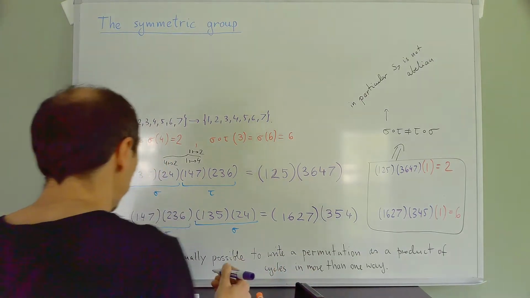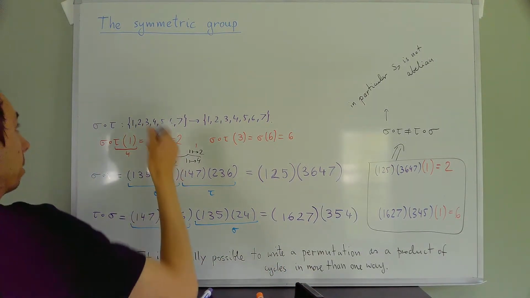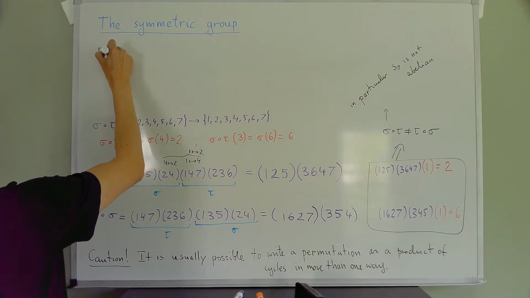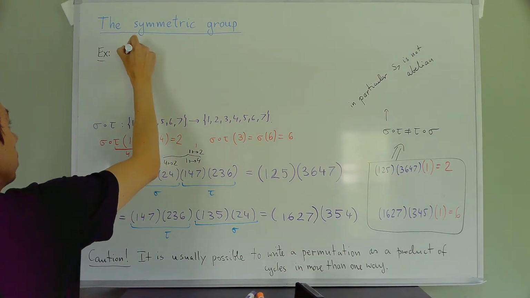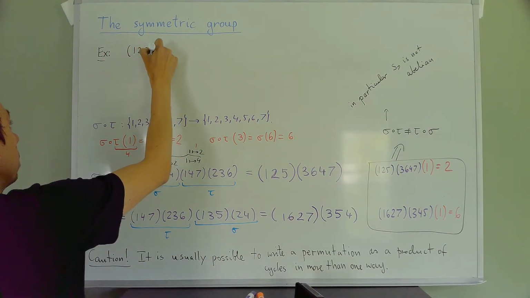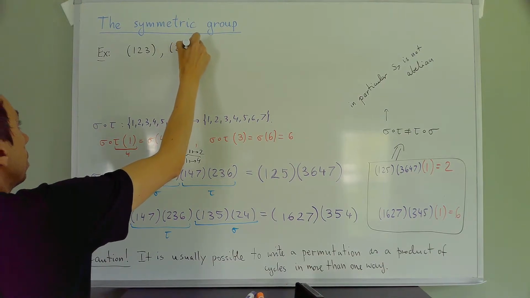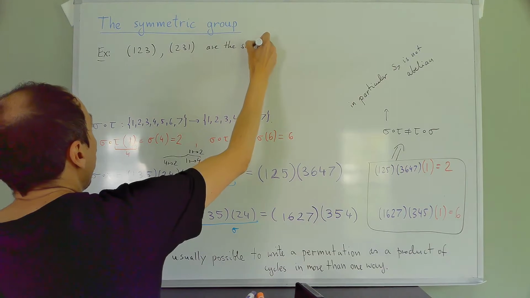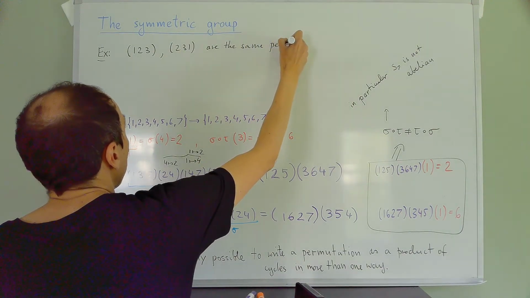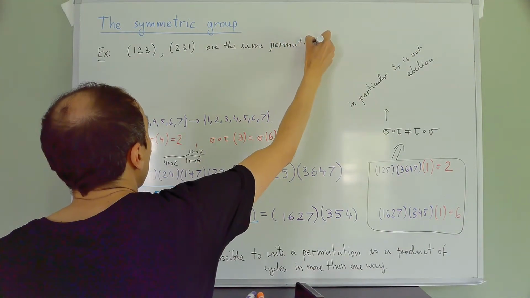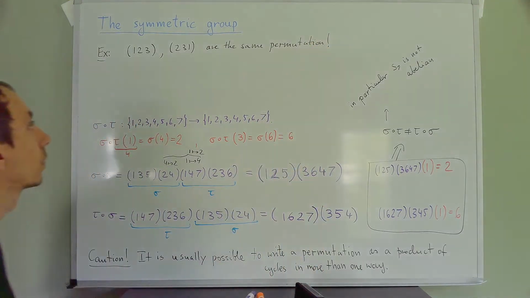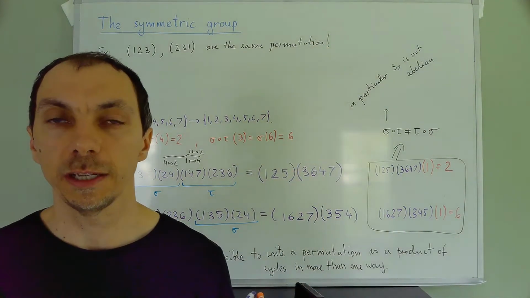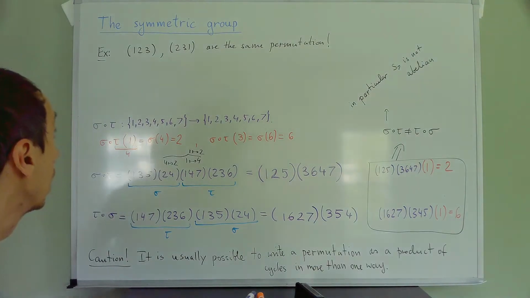Example: these three cycles actually represent the same permutation.